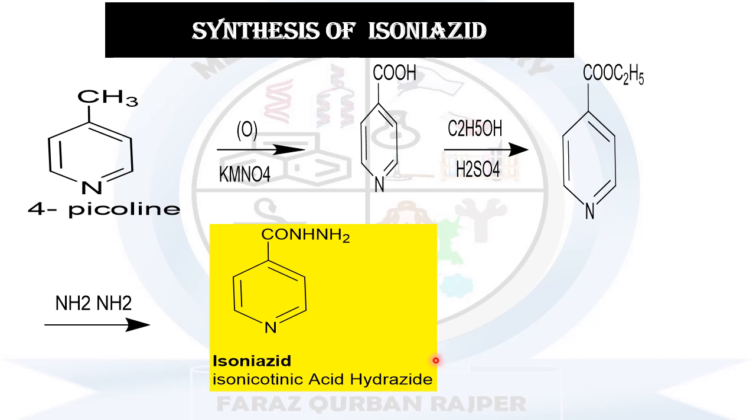This is the structure of the isoniazid drug that acts as an anti-TB by inhibiting mycolic acid synthesis. Simply a pyridine ring and again C double bond O NH NH2. So basically this is isonicotinic acid hydrazide, because the hydrazide is present.